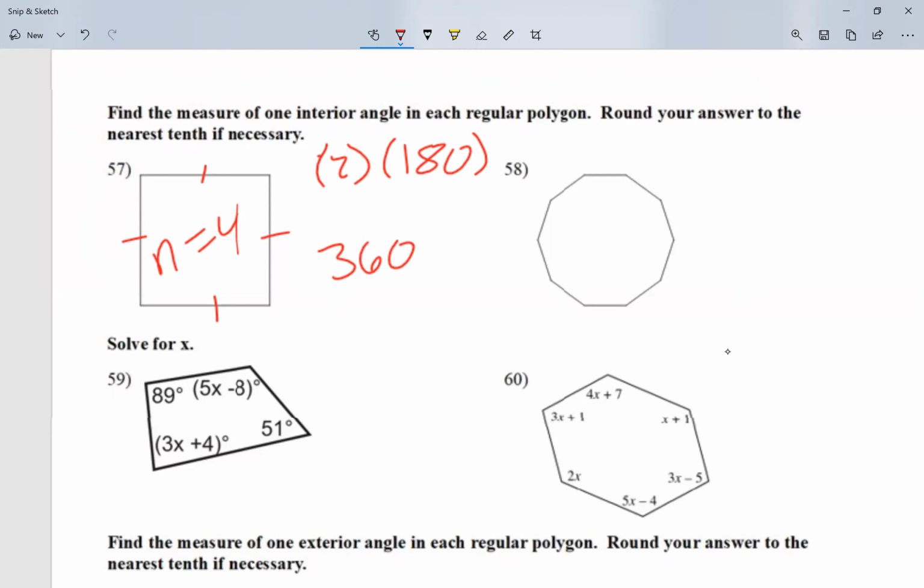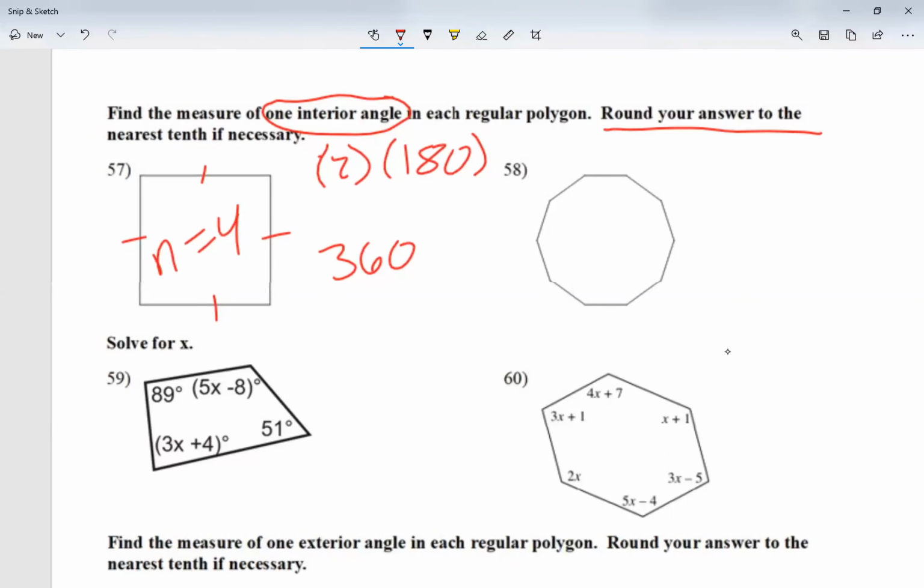Now here it says find the measure of one interior angle. So they need to know how much is just one of the angles, not all of them. Some of my answers might be decimal, so I'm going to round my answer to the nearest tenth if necessary. So 1 decimal place. All right, so I know all of the angles add up to 360.